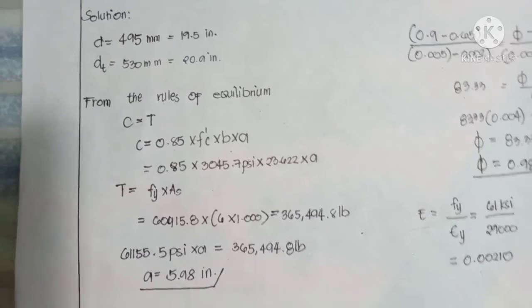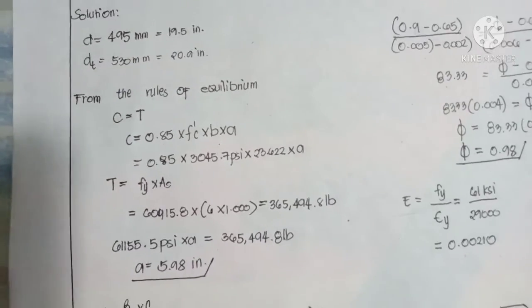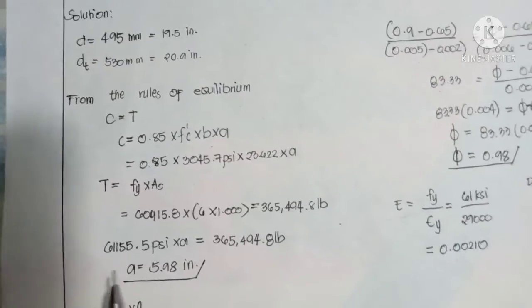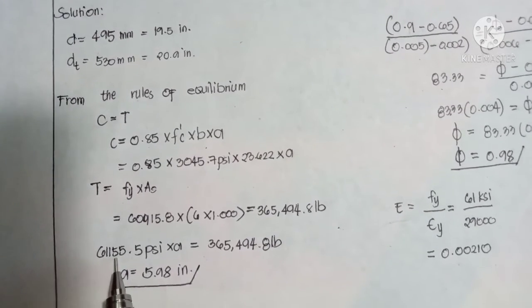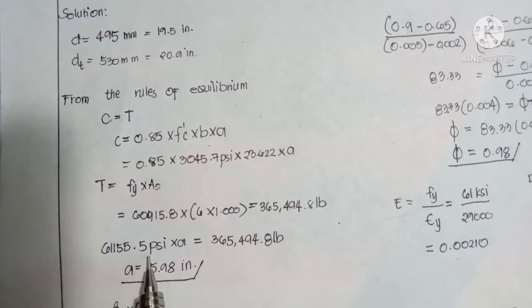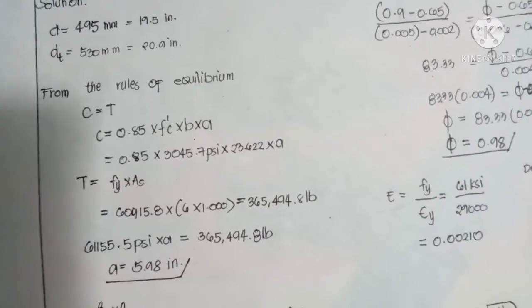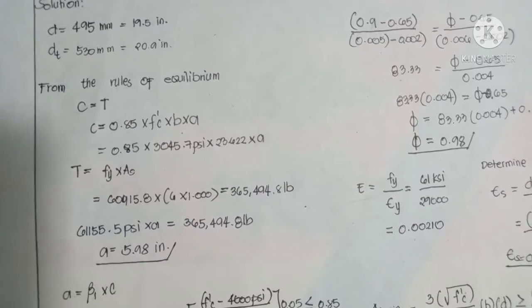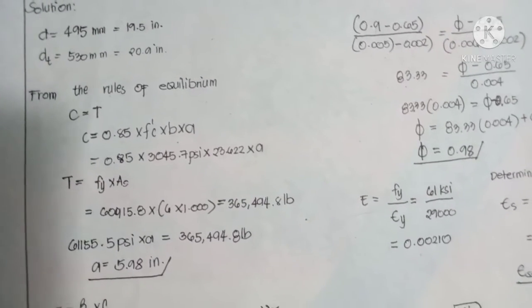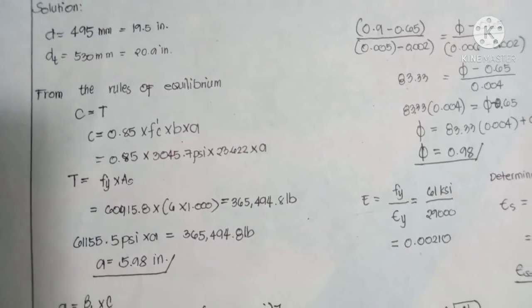Substituting our values in, we have the value of compression, which is 61,155.5 psi times a. And for the tension, which is equal to fs, the stress in the steel, multiplied by the As.